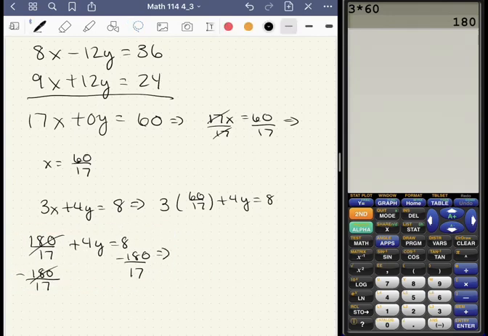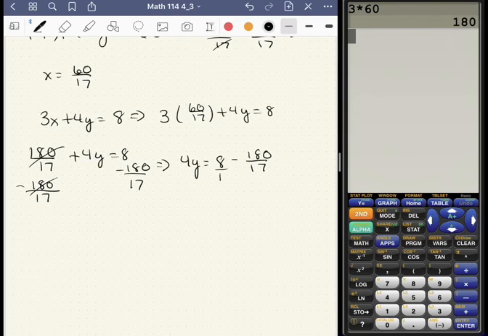Then I have 4y is equal to 8 minus 180 over 17. We must have the same denominator, so this is over 1. So now I have 4y is equal to 8 over 1 minus 180 over 17.